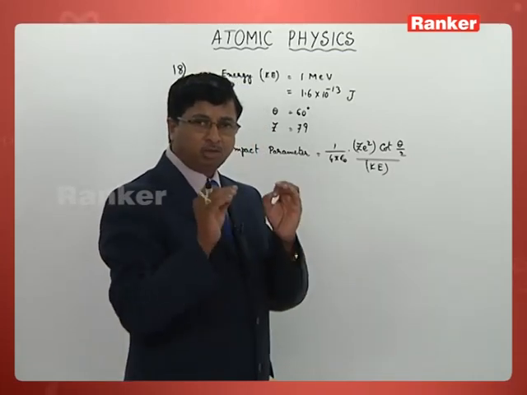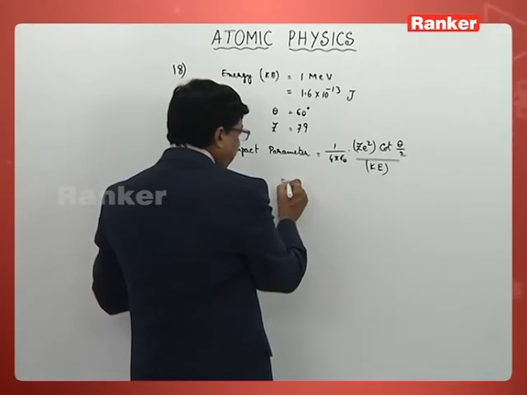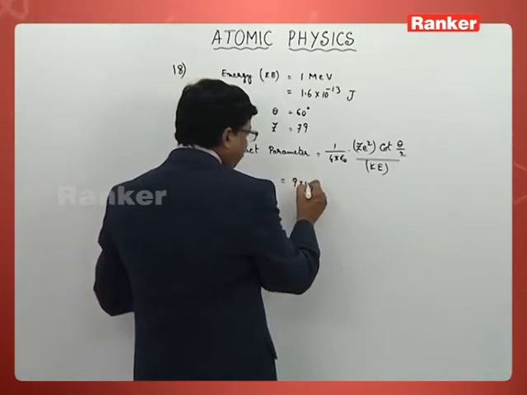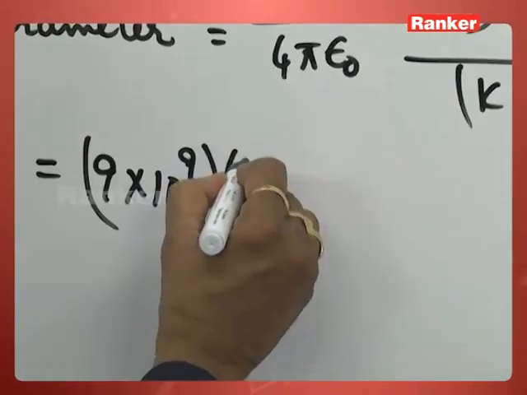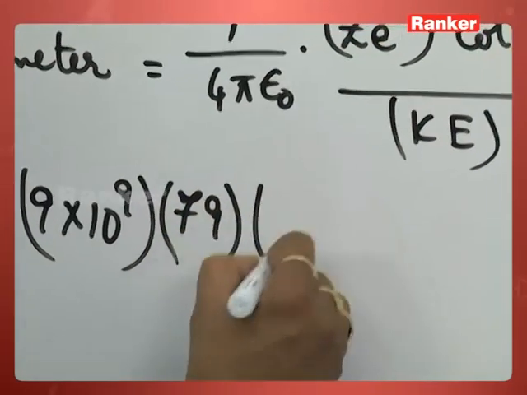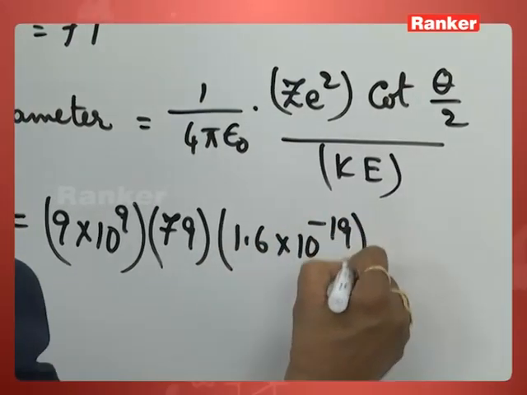Every value out of it we know now. This 1 by 4 pi epsilon naught is 9 into 10 power 9, anyhow we all know that. Z being 79, E square is 1.6 into 10 power minus 19 whole square.